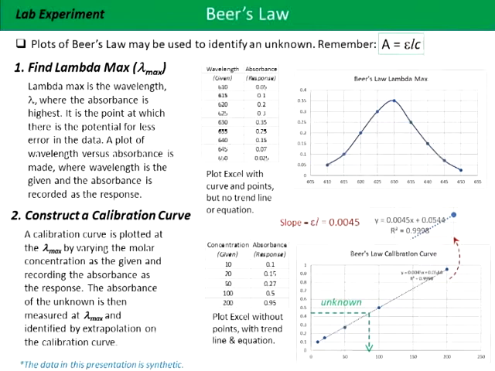A plot of the wavelength versus absorbance is made. Mathematically, we consider the wavelength to be the given and the absorbance that you record to be the response. So, essentially, you would take a series of wavelength data points that you choose based upon your knowledge about the sample.